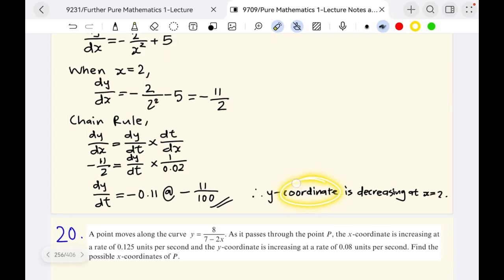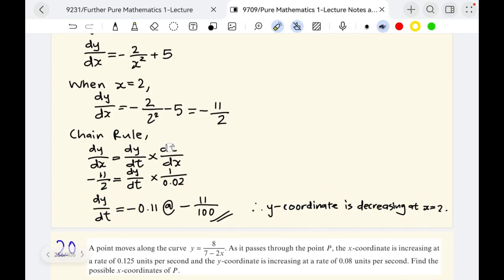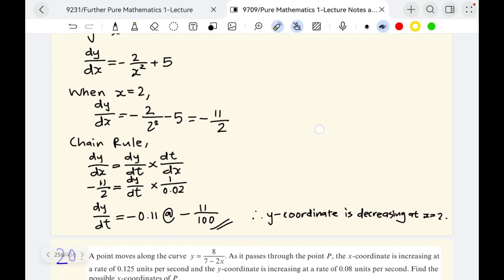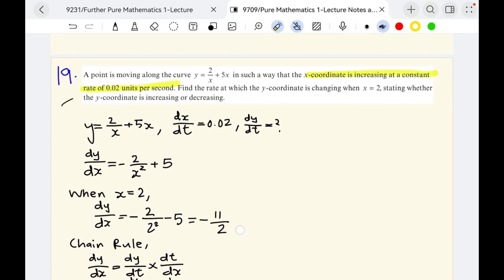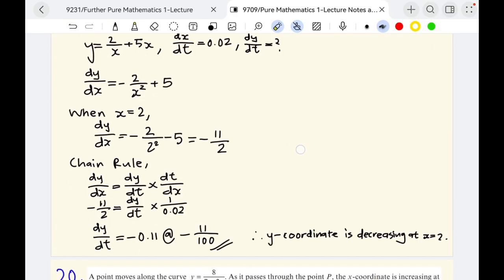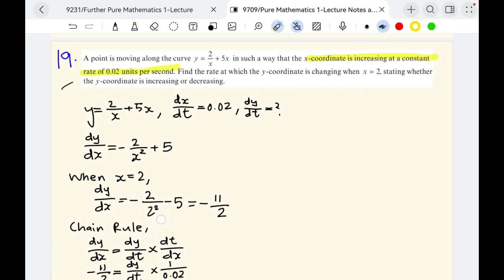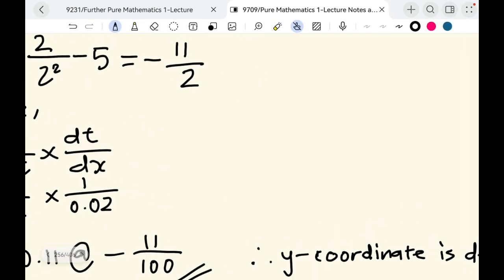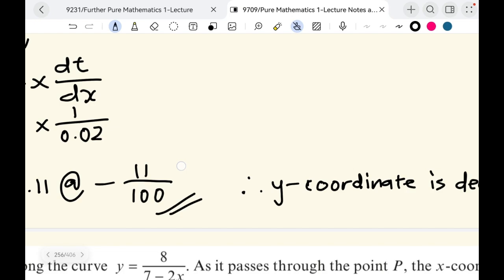So why is the y coordinate decreasing at x equals 2? Because the sign of the dy dt is negative, which means that the y coordinate is decreasing at a constant rate of negative 0.11 units per second. You are encouraged to write the units per second.